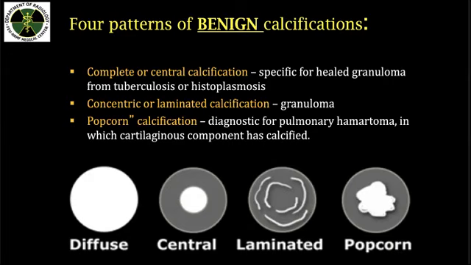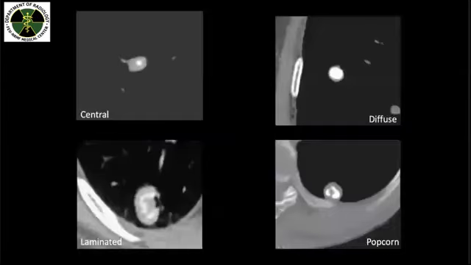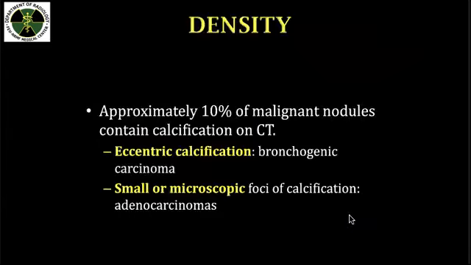Then we have popcorn calcification, which is diagnostic for pulmonary hamartoma, in which the cartilaginous component has calcified. So the patterns of benign calcification include complete or central, concentric or laminated, and popcorn calcifications. These are examples of central, diffuse, laminated, and popcorn-like calcifications.